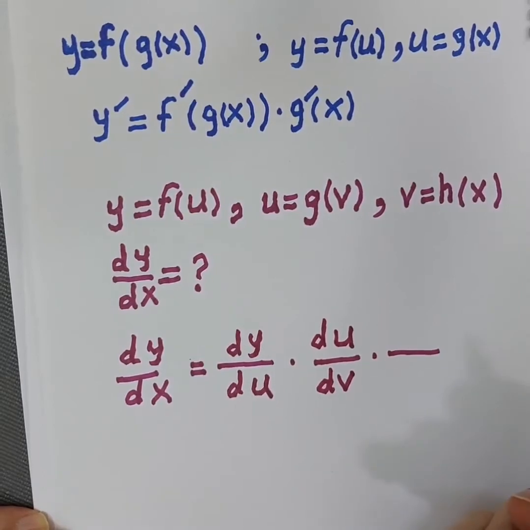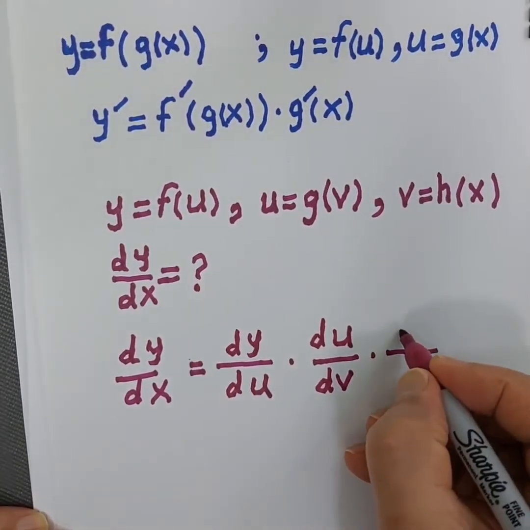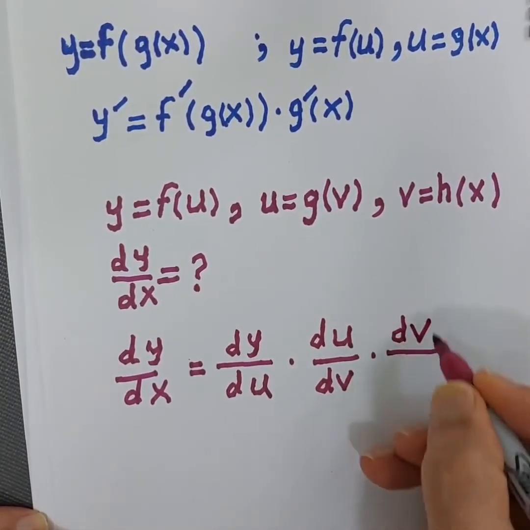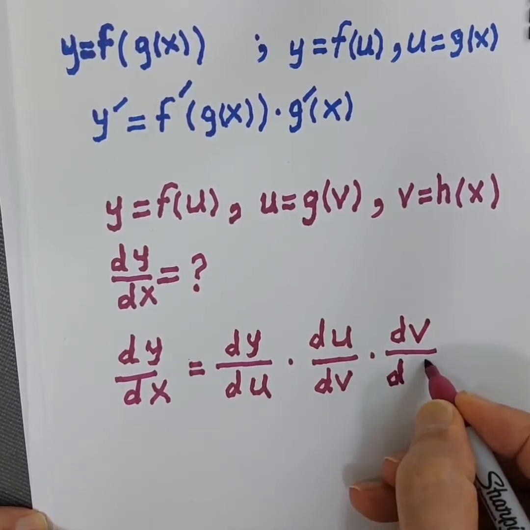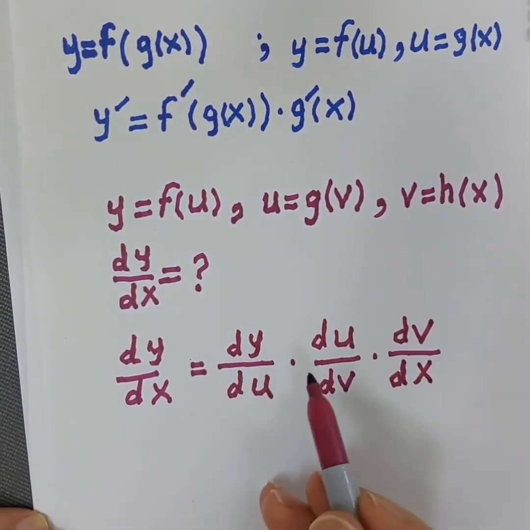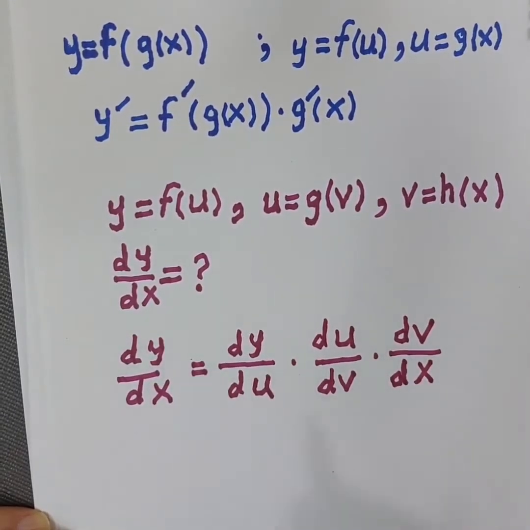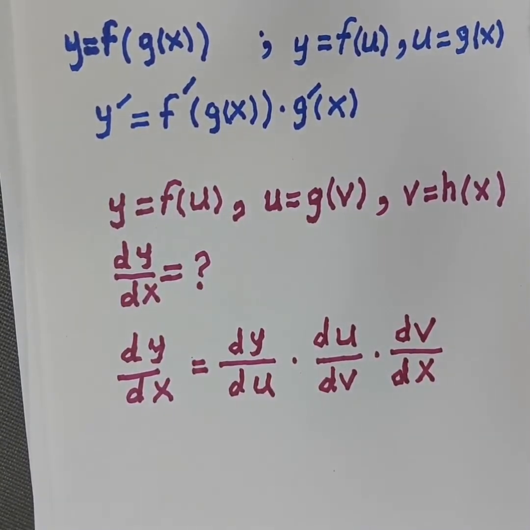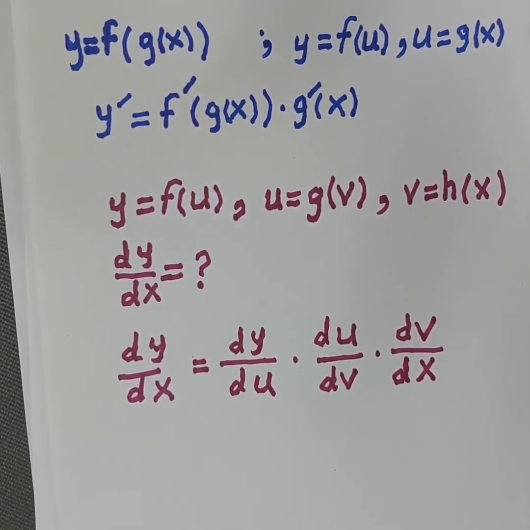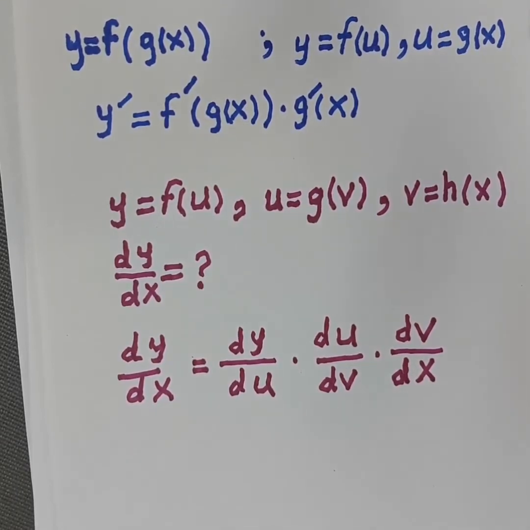And finally, the last one is dv by dx. See? One leads to another, and multiply all together. And we can do the same whatever the number of variables we have in any problem.